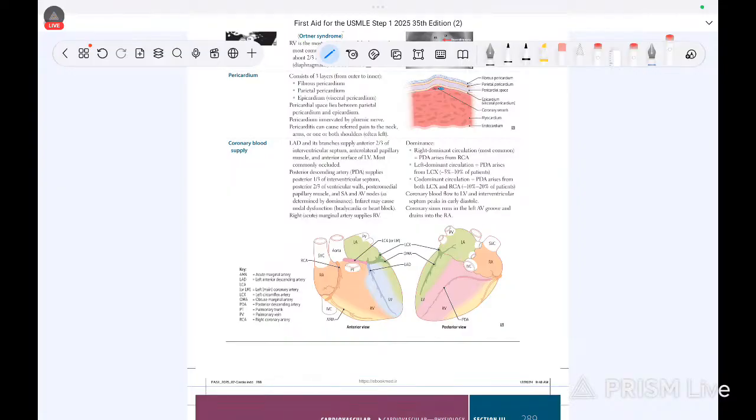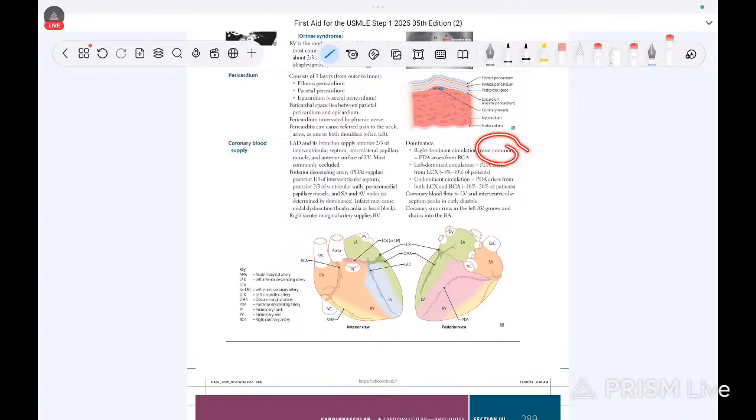So this is the right coronary artery. If this PDA arises from this right coronary artery, then it is the right dominant circulation.